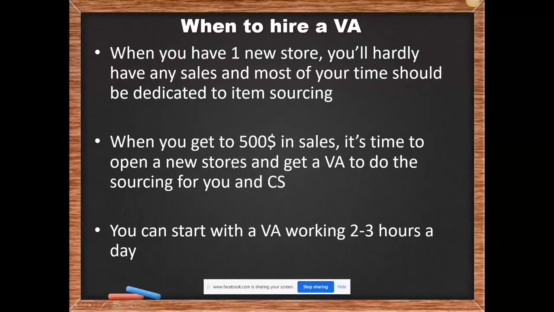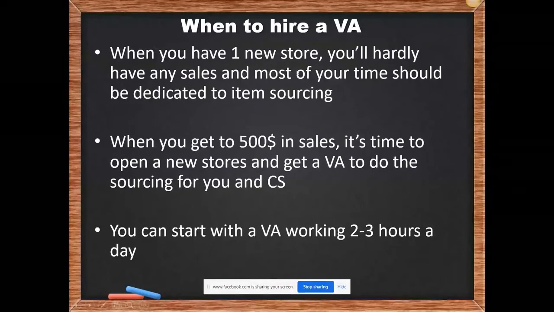So when you get to $500 in sales, it's time to open a new store, as I said, and get a VA to do the sourcing and the customer service. Why? Because when you have a new store, you will no longer have the time to do this for your first store. You'll have to do it for your second store.